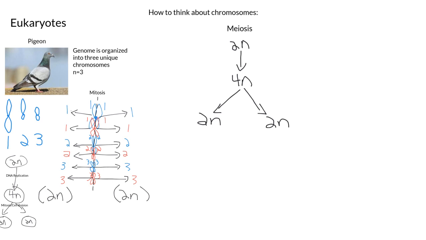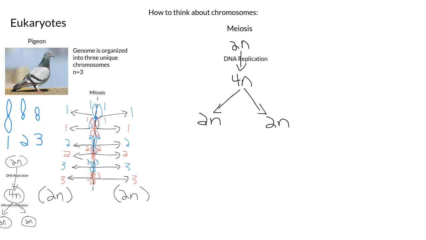Meiosis occurs specifically in the sex organs of the pigeon, so the ovaries or the testes is where this is occurring. And just like with mitosis, like we saw before, these sex cell precursors in those tissues start as diploid cells. They must first undergo DNA replication to create a 4N cell, which has 4 complete copies of the genome.